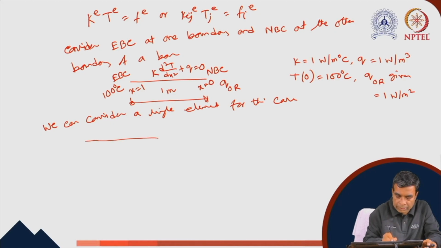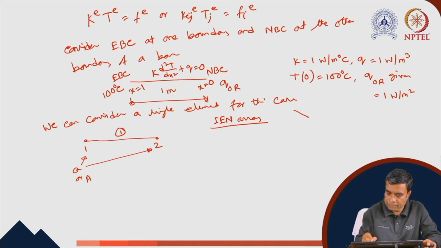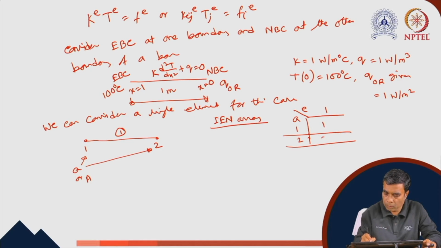So if we consider a single element, this is element 1, these are the local node numbers, small a, or also the global node number, capital A. If we construct the IEN array for this case, the IEN array looks like E, A, only one element, local nodes 1 and 2. So the global node numbers are 1 and 2.